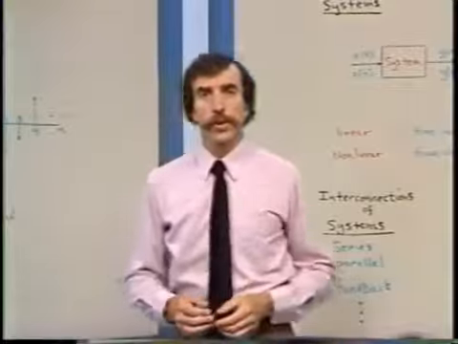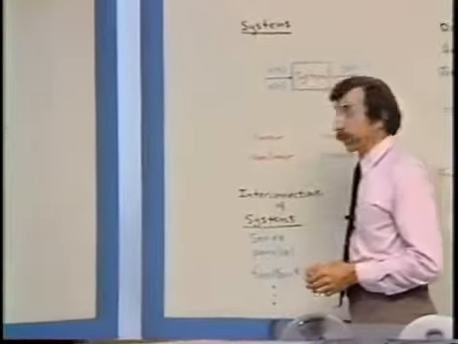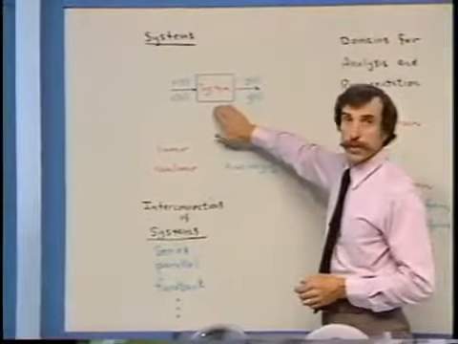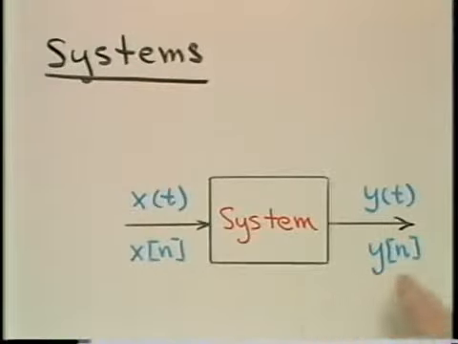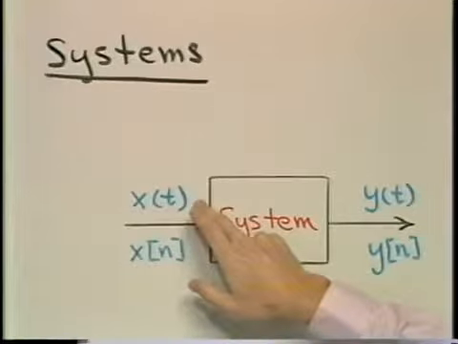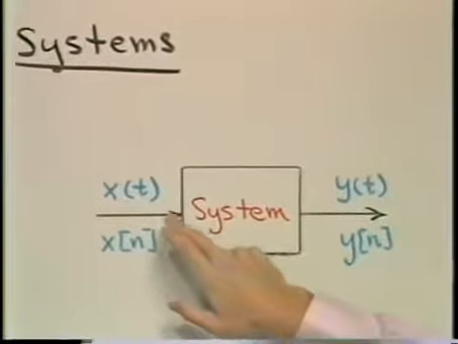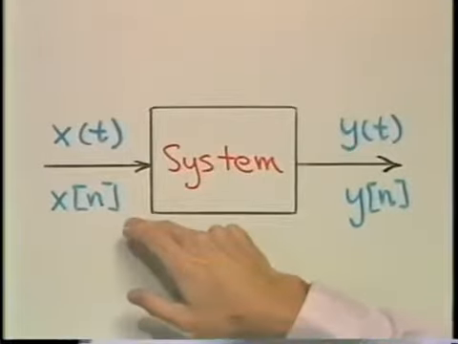Let's now turn our attention to systems. And as I indicated, a system basically processes signals, and they have, of course, inputs and outputs. And depending on whether we're talking about continuous time or discrete time, the system may be a continuous time system or a discrete time system.